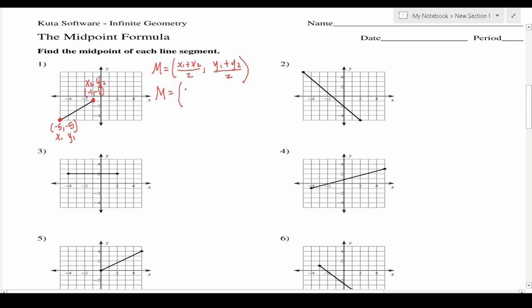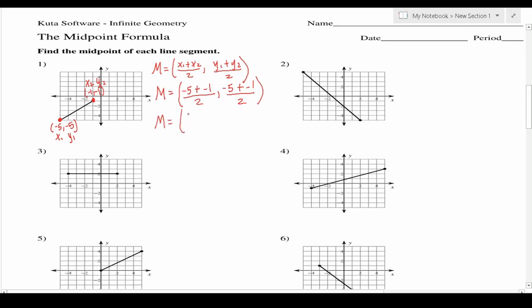X1 we said was -5 plus x2 is -1. Again, that's all divided by 2. Y1 we said was -5. Y2 we can see is going to be -1. Again, that's all divided by 2. Let's go ahead and work this out.